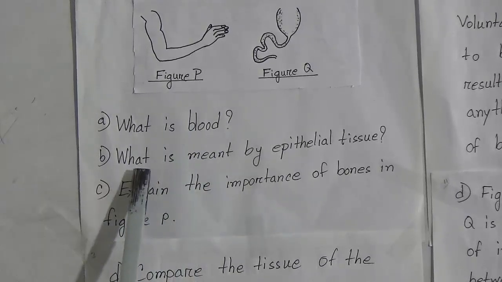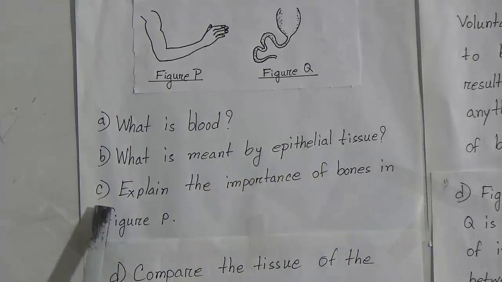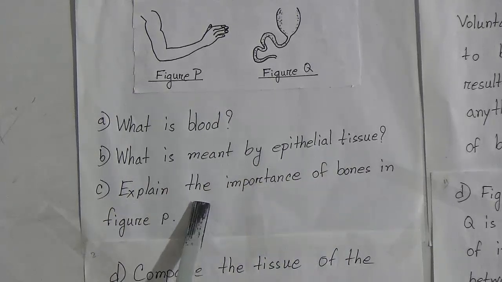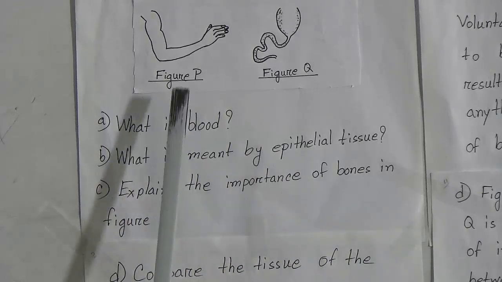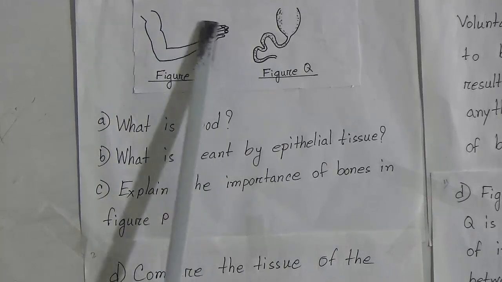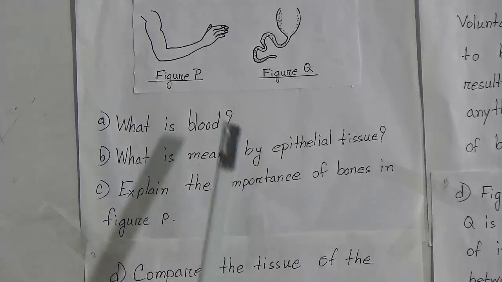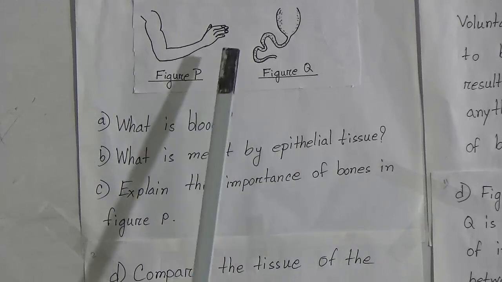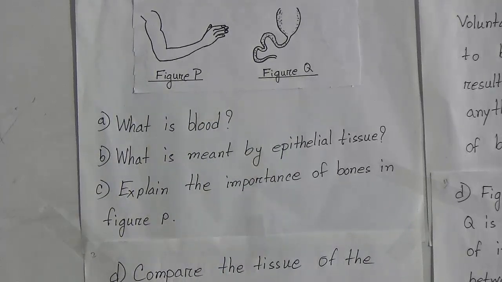B: what is meant by epithelial tissue? C: explain the importance of bones in figure P. That means this figure. D: compare the tissue of figure P and Q.